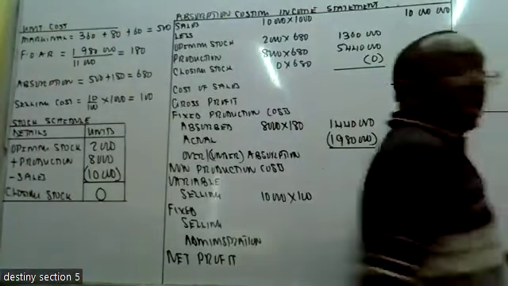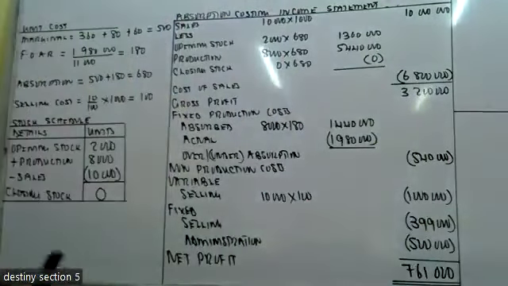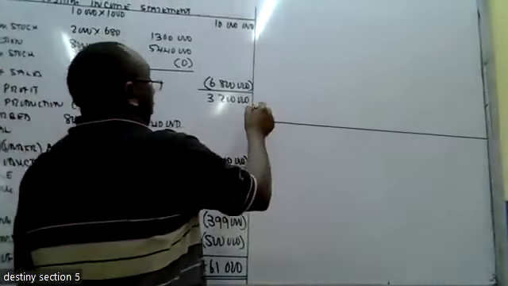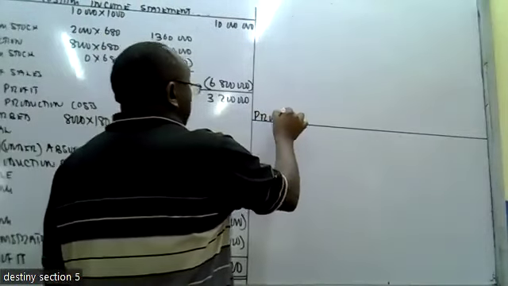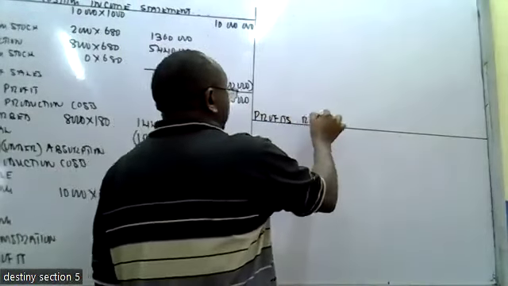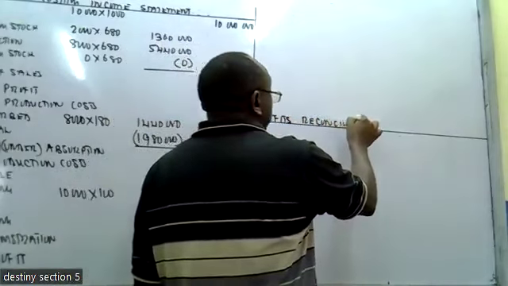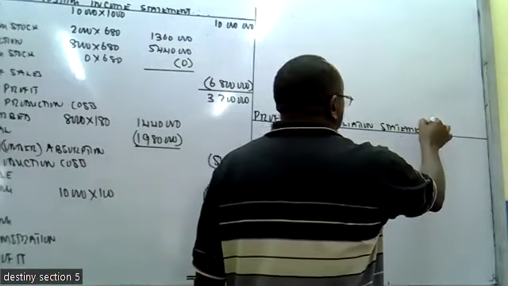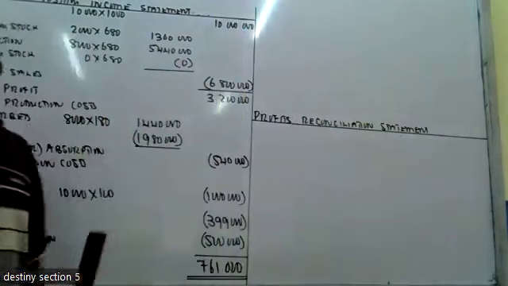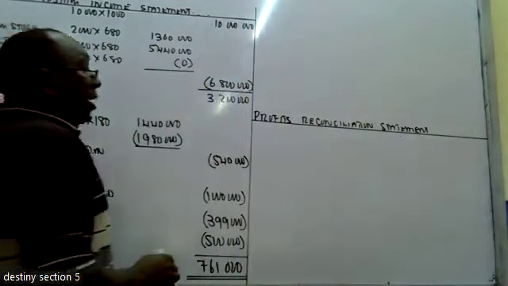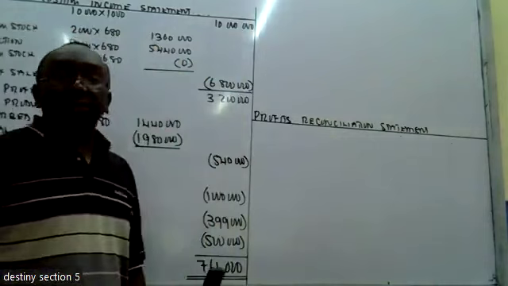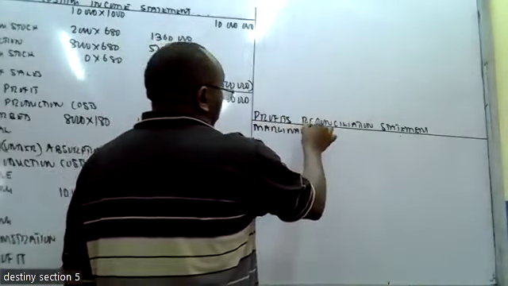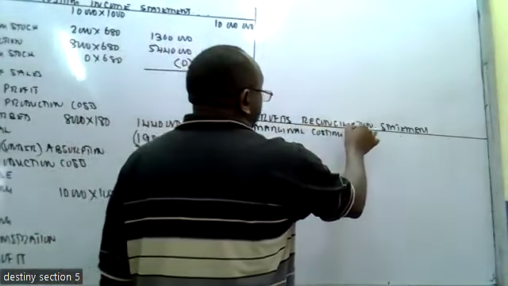So let us draw the profits reconciliation statement. Because we just have one period, we just go straight and say marginal costing profits.